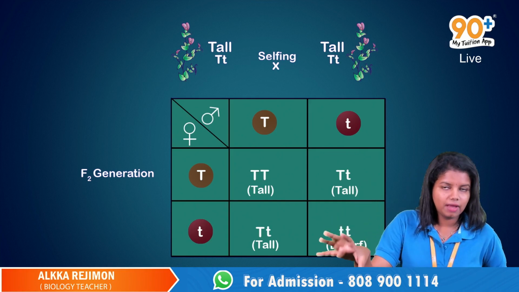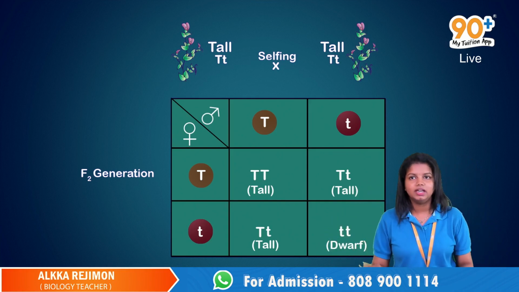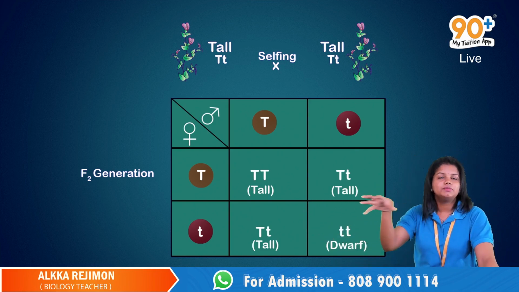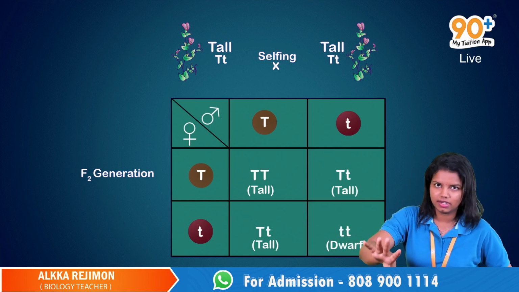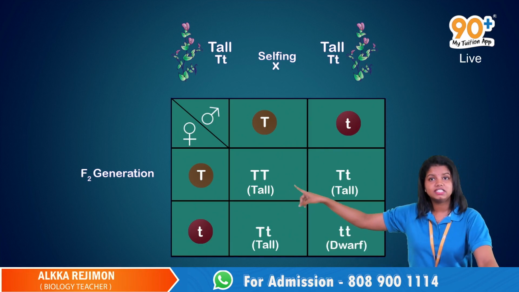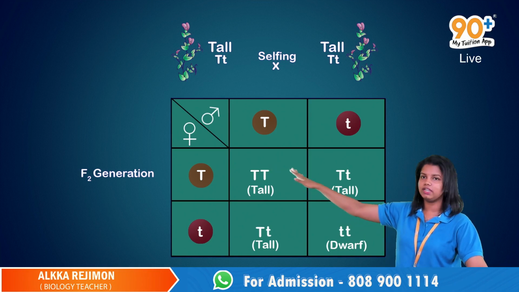So from this monohybrid cross, you can come to the conclusion that if we look at the genotype, how many types of genes can be seen here? You can see three types of genes here, right? Three types of gene. First gene is homozygous dominant condition. That is one homozygous dominant is seen here.